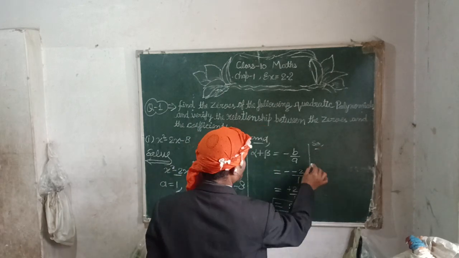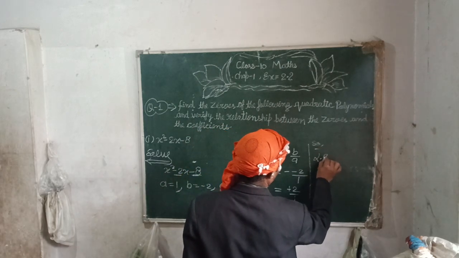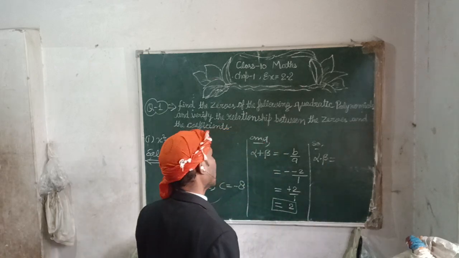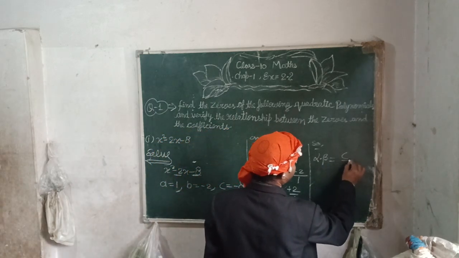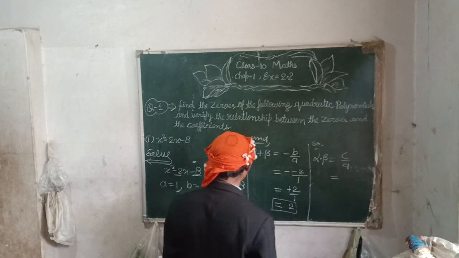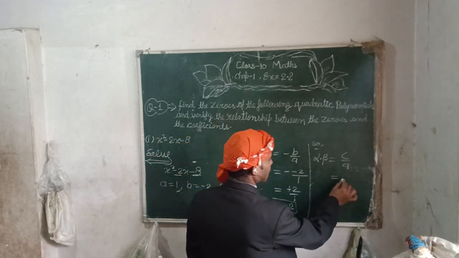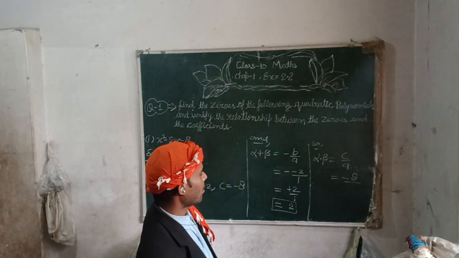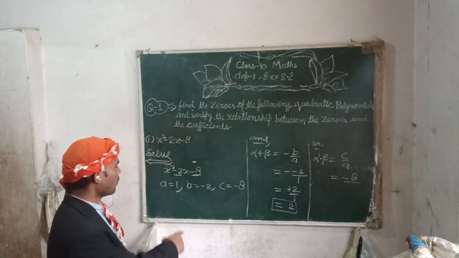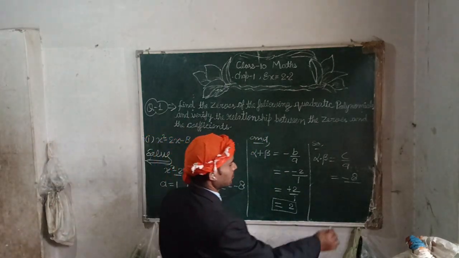Now alpha into beta is c upon a. The value of c is minus 8, and the value of a is 1.